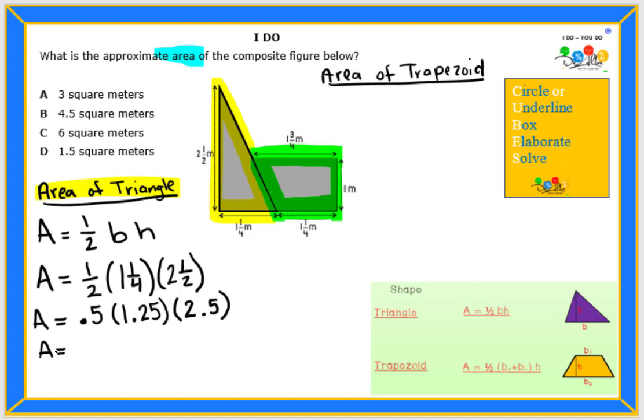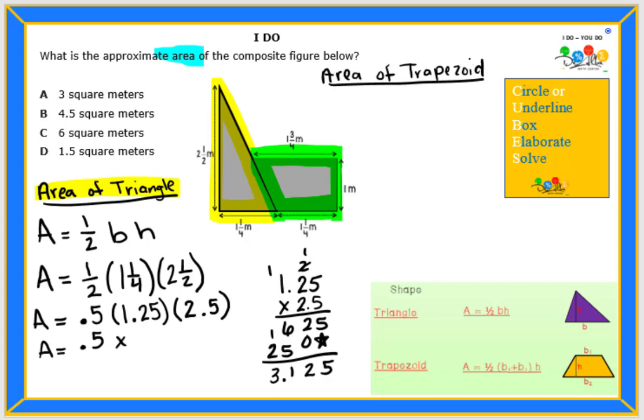I need to multiply 1.25 times 2.5. I'll give you a minute to work that out. Okay, did you get 3.125? That's what I got. But don't forget, we still have to multiply by 0.5 times 3.125, which is what we got for multiplying 1.25 times 2.5, or the base times the height.